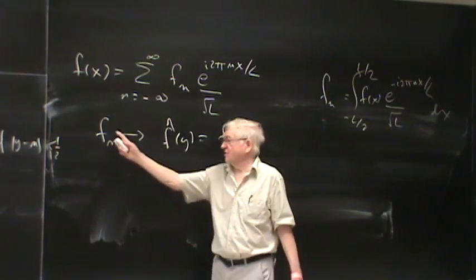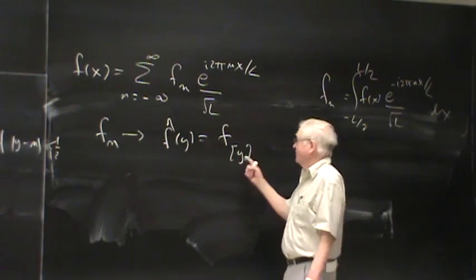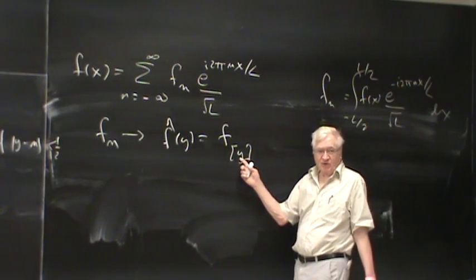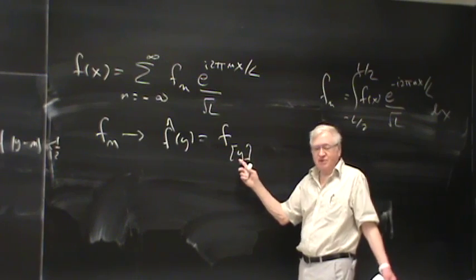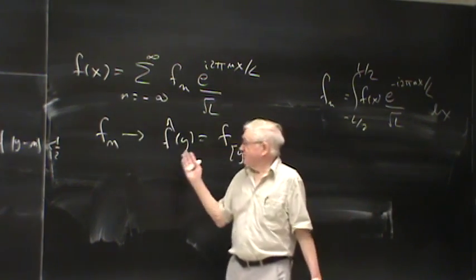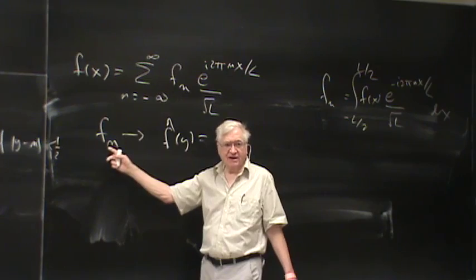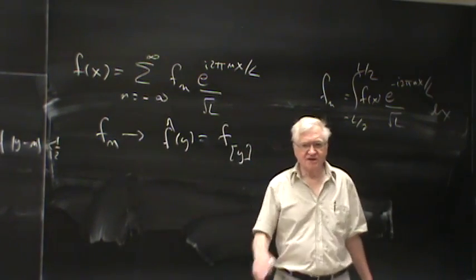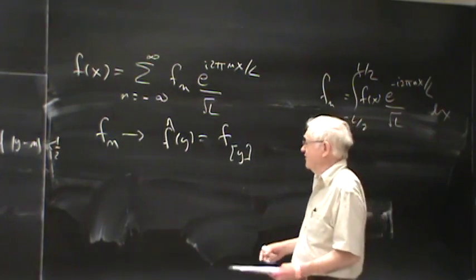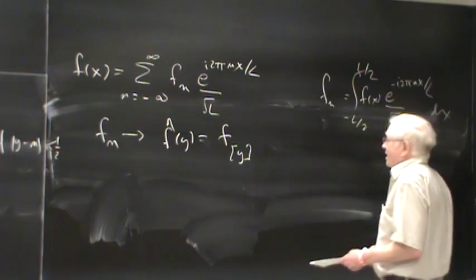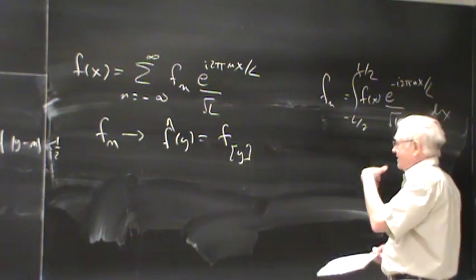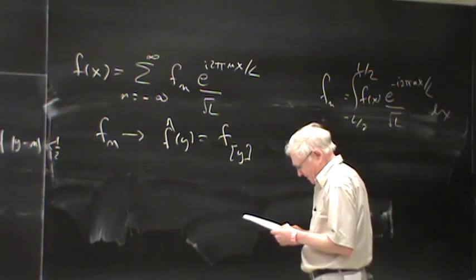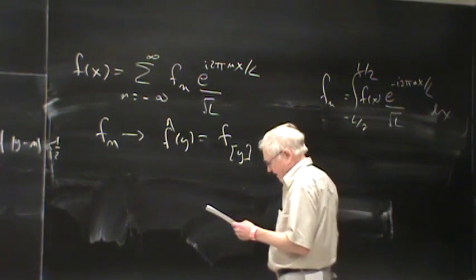Now we've gone from a function defined on the integers to a function defined on a real variable, which varies continuously. But the function is still the same f sub n, and it's discontinuous. It depends on what the f's are, but in any event, the point is that the thing that's continuous is the variable y.